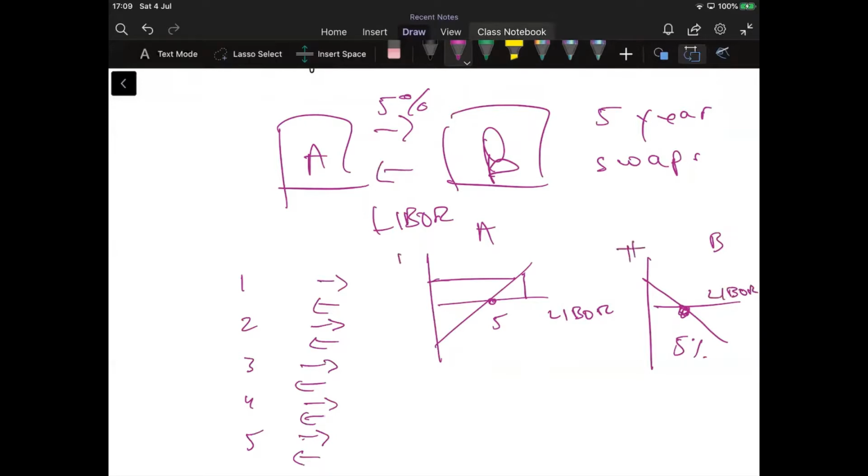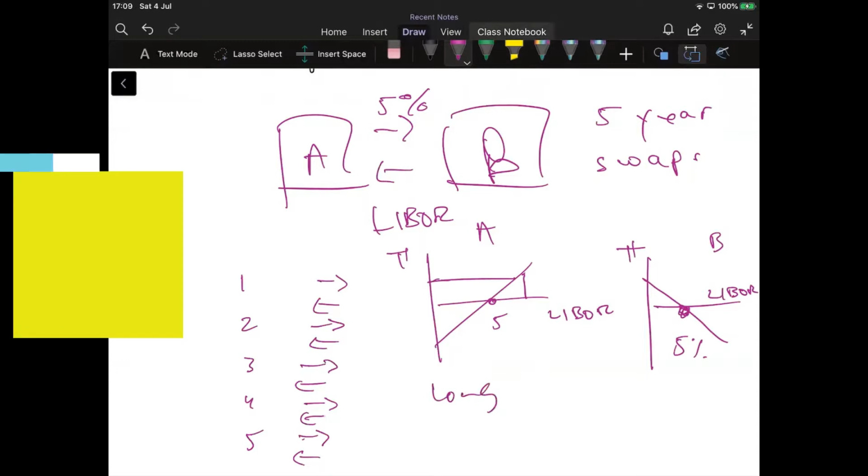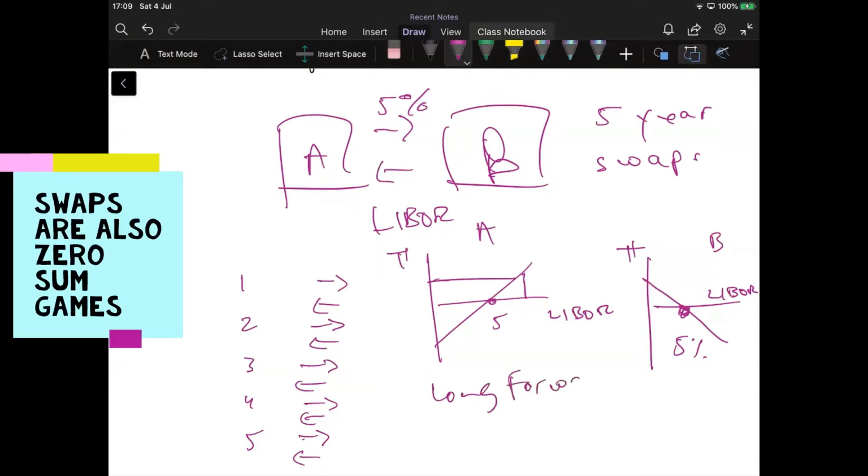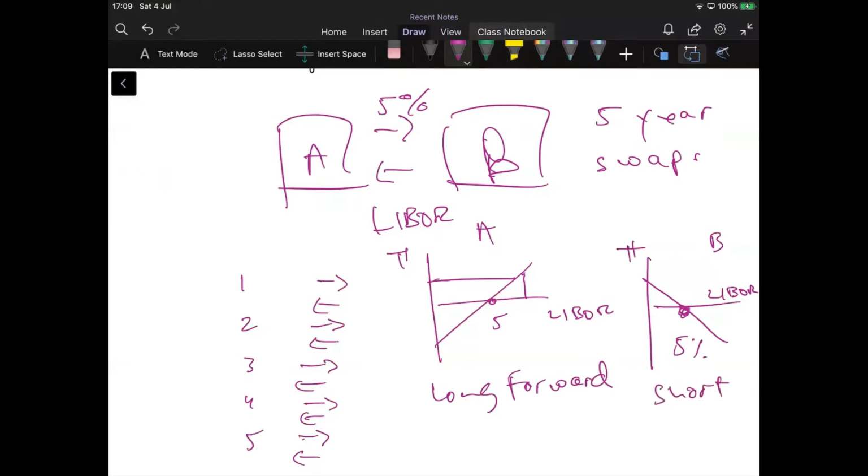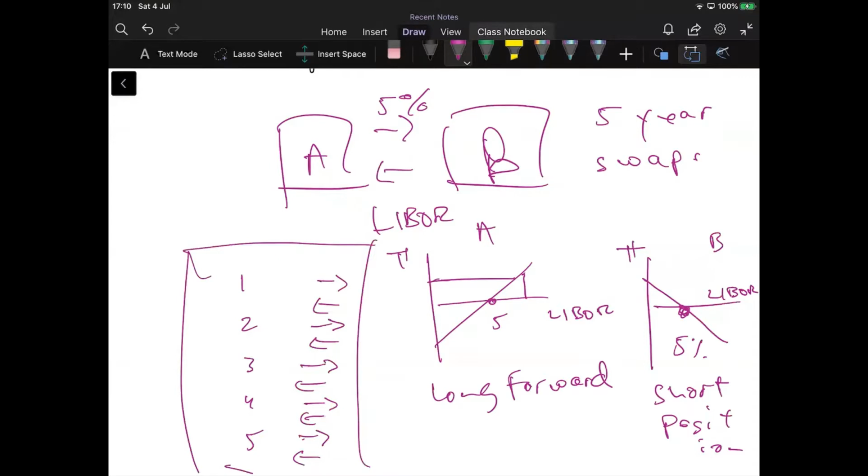So the gain or loss on the position would be very reminiscent of a long futures or long forward position, and for B, a short forward position. The only difference here, it's not a once-off exchange. With a swap, you typically get a series of payments for a predetermined term. So a 1-year swap, a 10-year swap, a 5-year swap, and indeed, not uncommon, a 30-year swap.